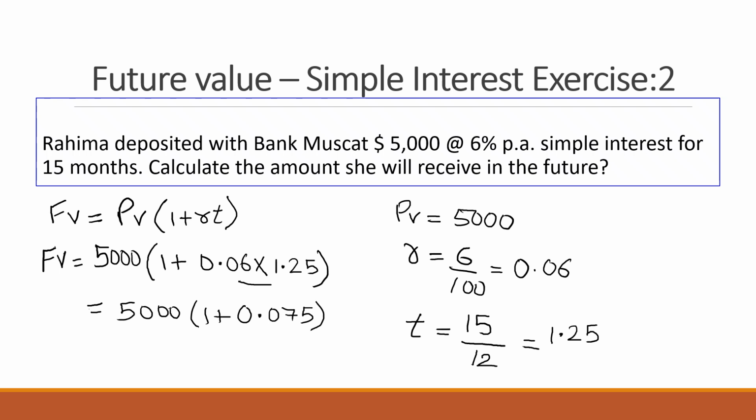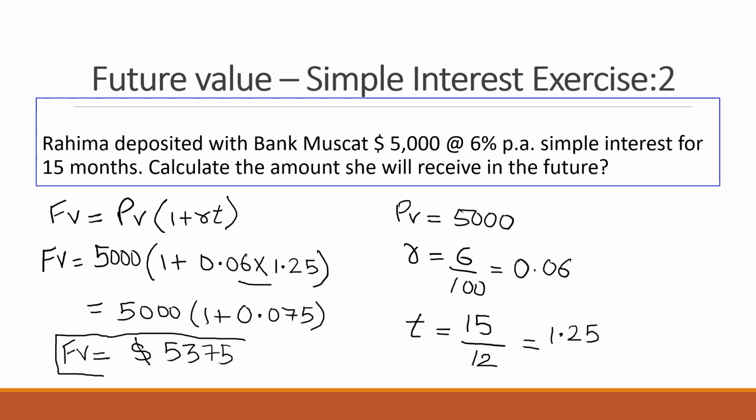Now when you take it on the calculator, 5,000 into bracket 1 plus 0.075 bracket close, you get the answer. How many dollars? $5,375. So this is my future value.